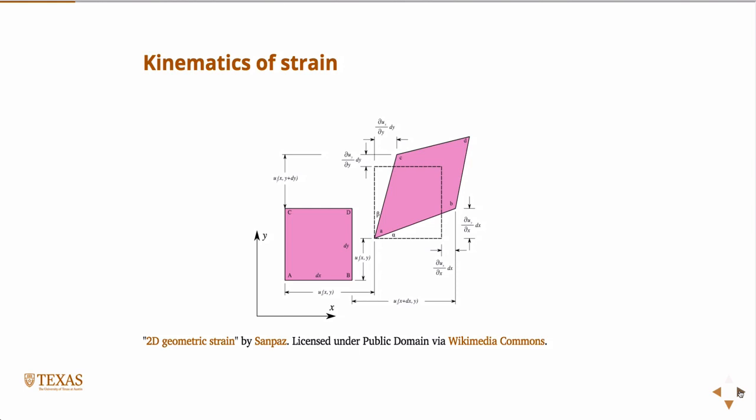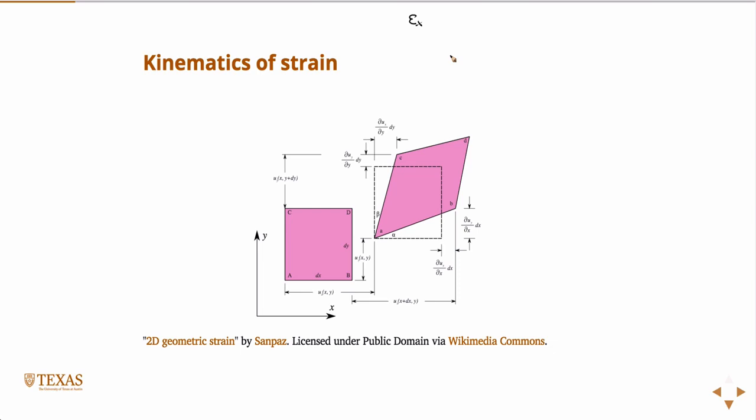So let's look at it in 2D. The first thing we'll look at is, again, epsilon x, so the strain in the x direction. And we'll just use our regular old engineering definition again, right?